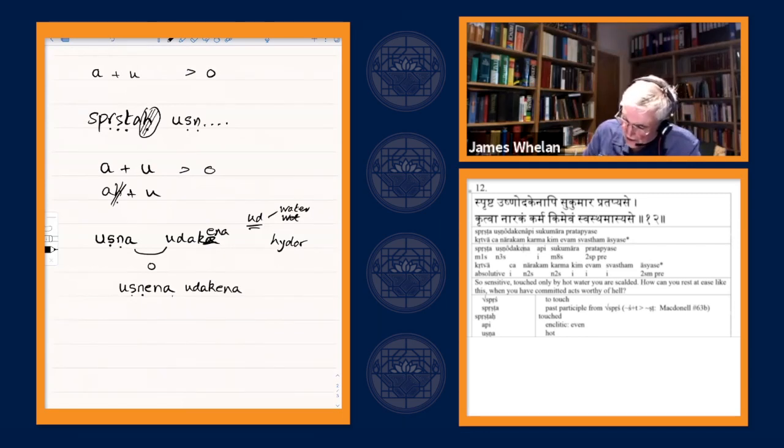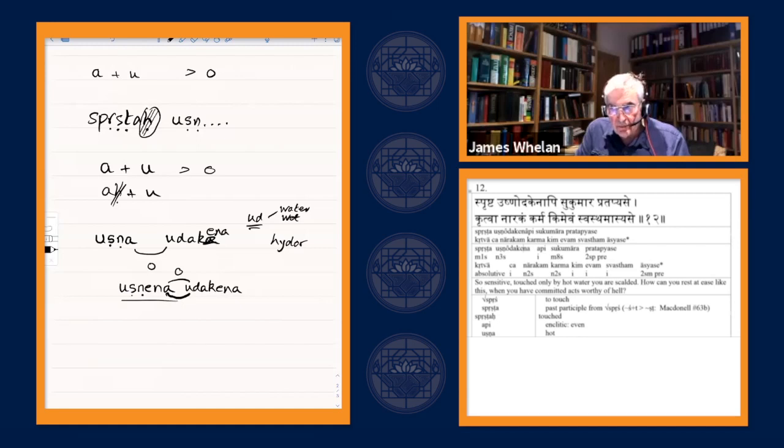And of course that u merges to o. So it could equally correctly have been, keeping the adjective and the noun separate, udakena, instrumental, ushnenodakena, with hot water. You can do that, giving the adjective its full form to agree with the udakena.